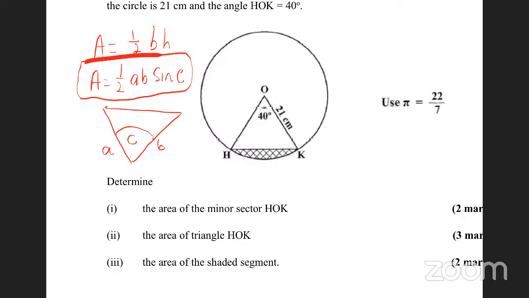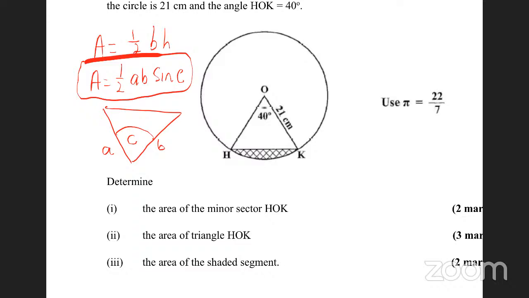Oh yeah. Work out the area of the minor sector. What is that again? Area of the minor sector is what? Raj, how do you find the area of the minor sector? No, that formula is for what?